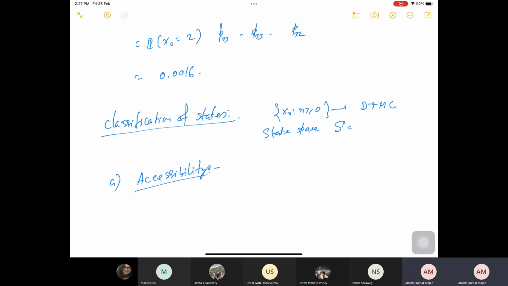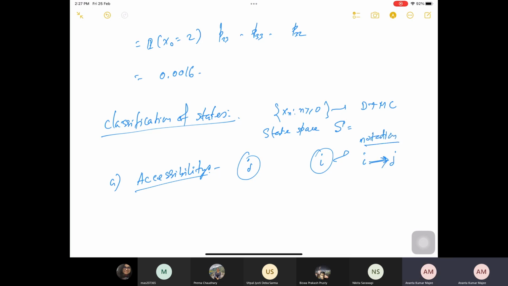That means, say I have a state j. Okay, so this state j, whether it can be accessible from state i or not, that is what we want to know. So we denote it as i to j, meaning j is accessible from i. This is my notation.